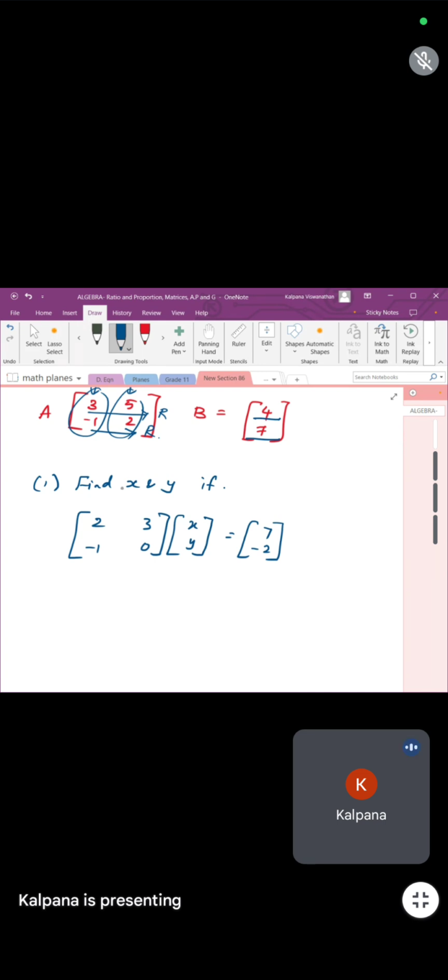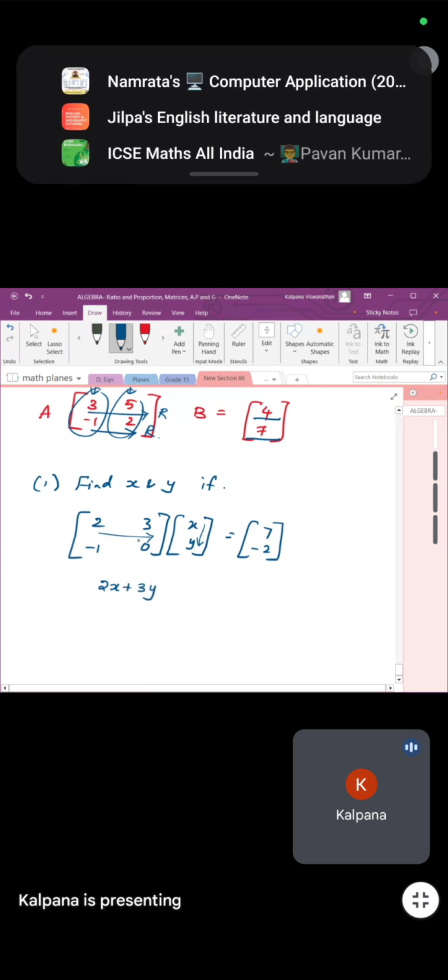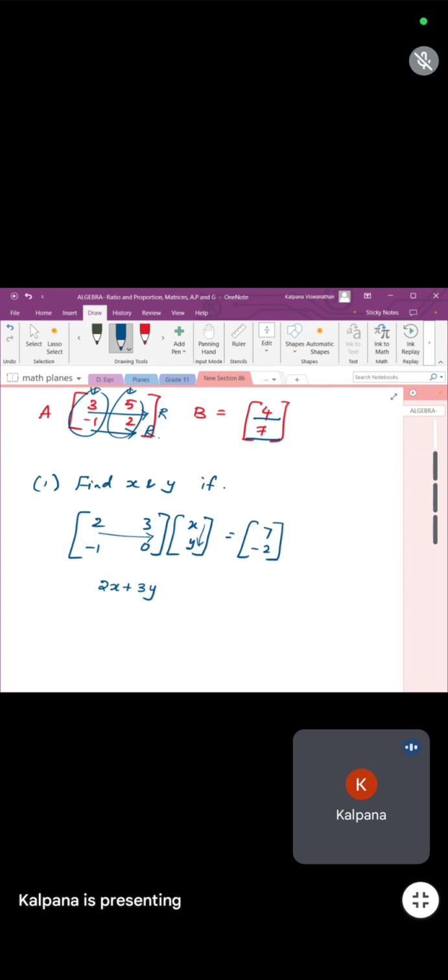So what will you do here? Row into column. So 2 into x, that is first row, first column. So 2 into x plus 3 into y.